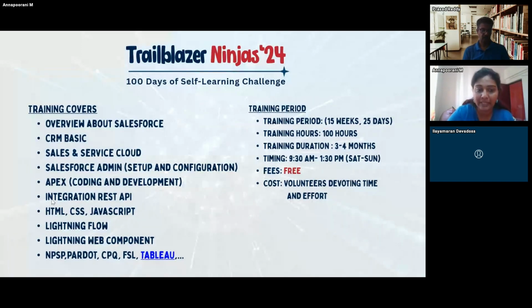And next comes the integration part, where we cover a general integration from Salesforce to another third-party application or any other sites, like how we are supposed to do it and what the basic things are.